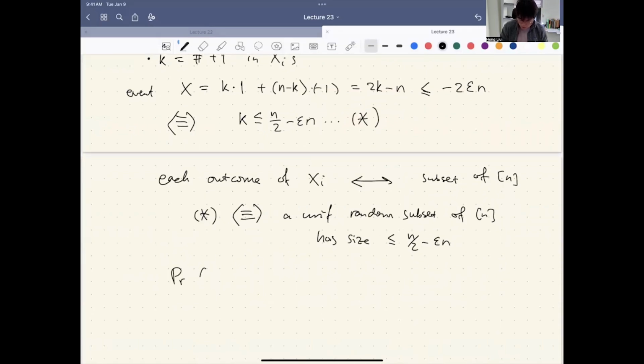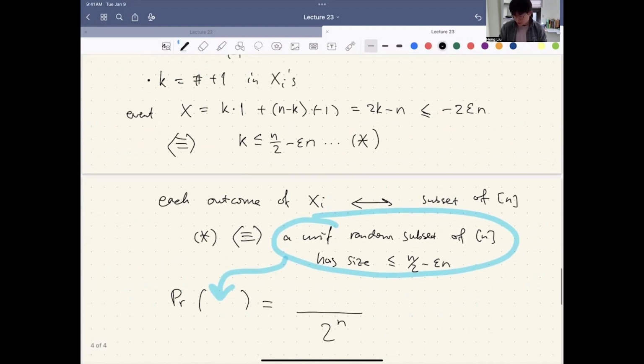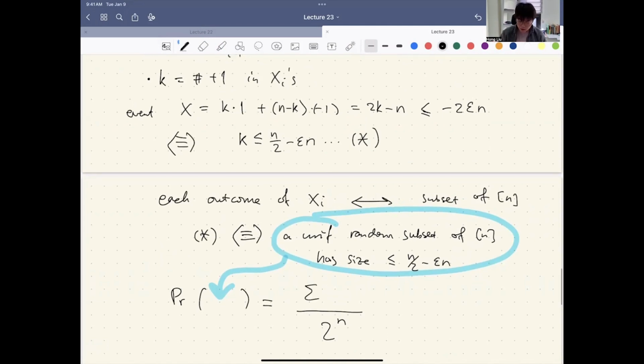This probability of this event is exactly, we have 2 to the n total number of subsets, uniform random chosen, right? And those that are at most n over 2 minus epsilon n is precisely the previous layers. And that's it.